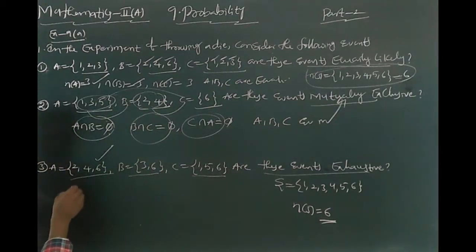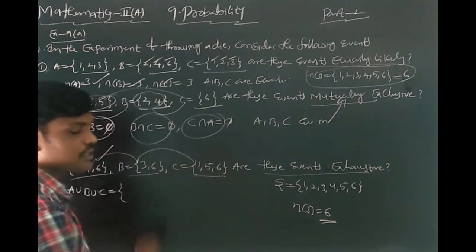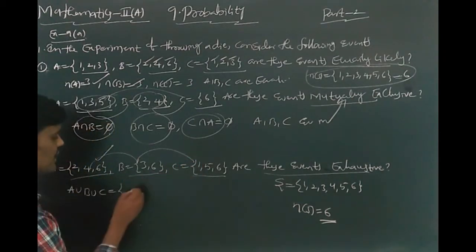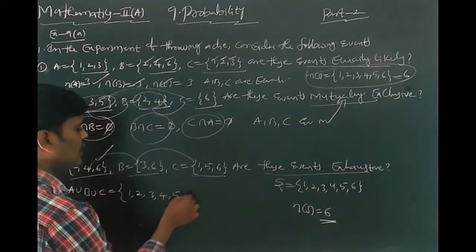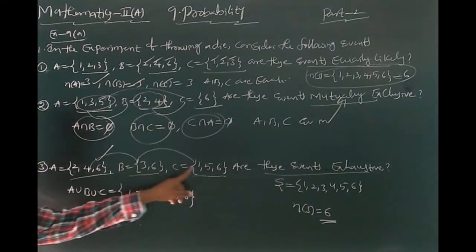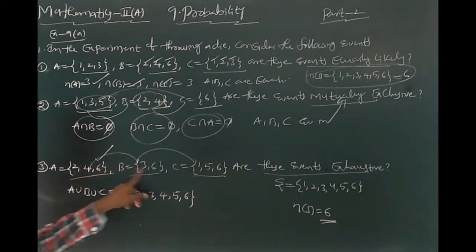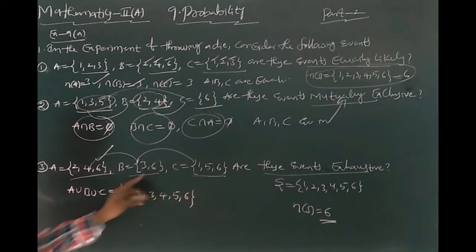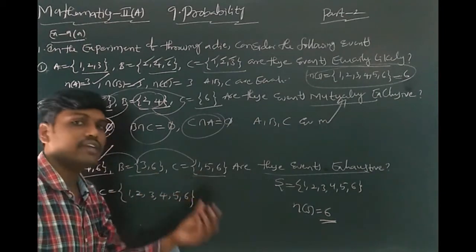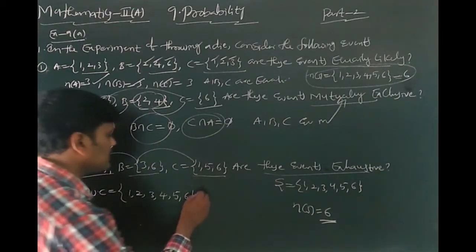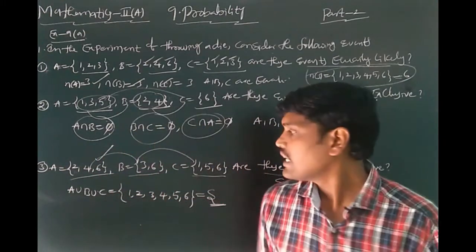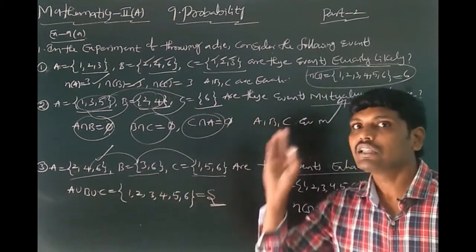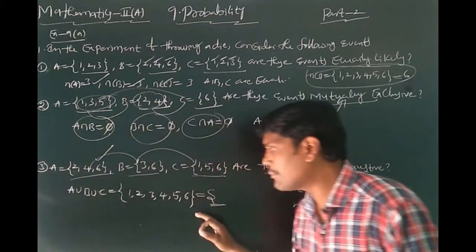Here, first you can write A union B union C. What are the combined elements of these? 1 is there, 2 is there, 3 is there, 4 is there, 5 is there, 6 also is there. 1, 2, 3, 4, 5, 6. The combination of these three events is 1, 2, 3, 4, 5, 6. This is equal to the sample space. The combination of all events is equal to the sample space.